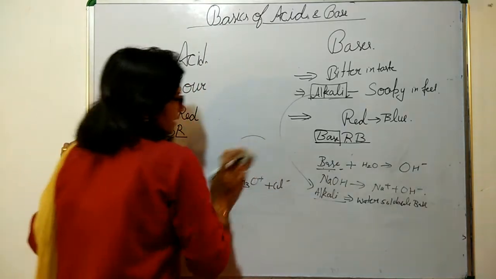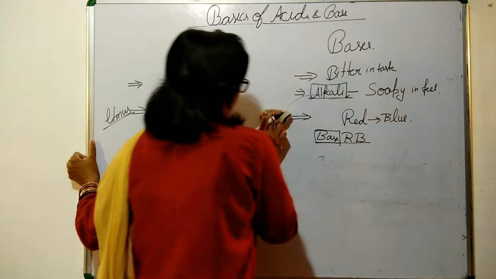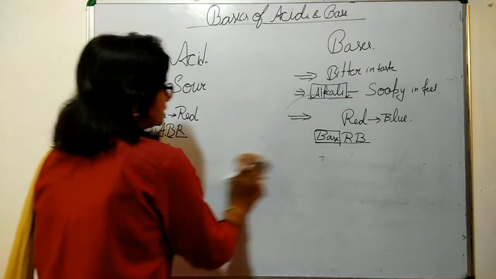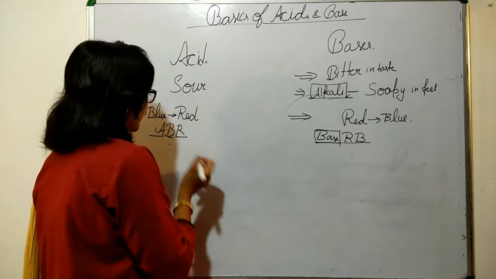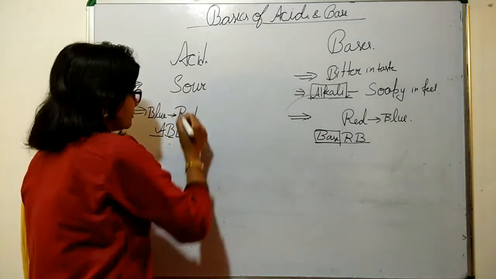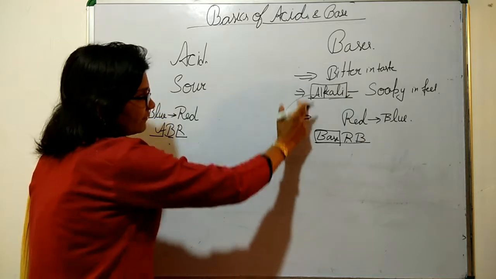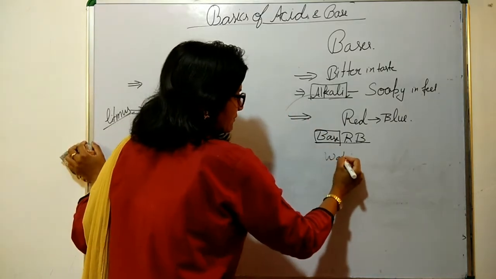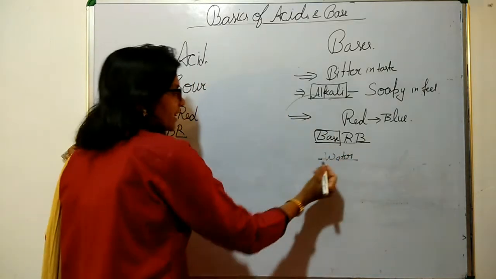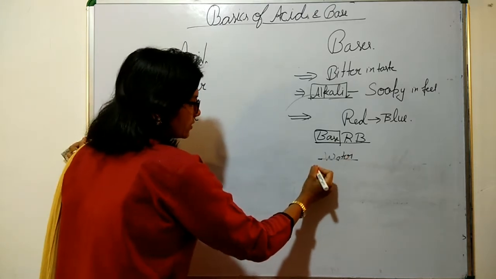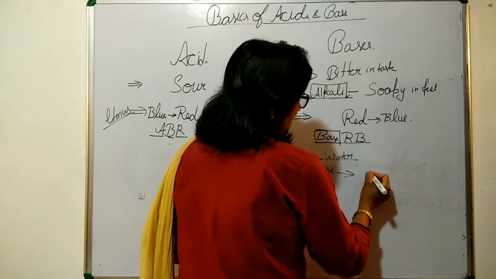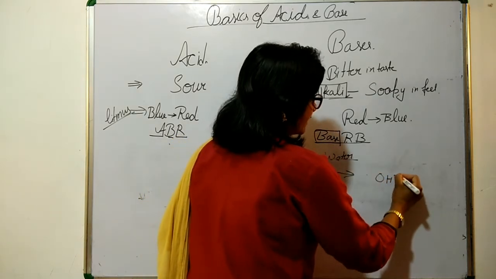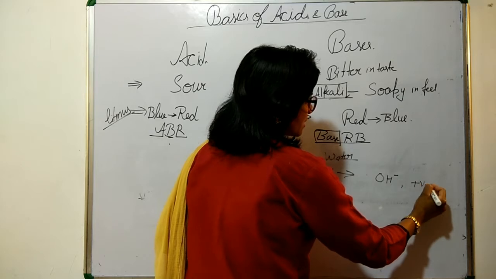One thing common in acid and base is that they both conduct electricity. We can do this experiment, but here we'll see why it is possible. If we are taking an alkali, it will dissociate into its ions and release OH minus and one more positive ion.